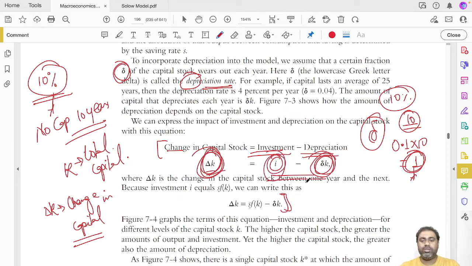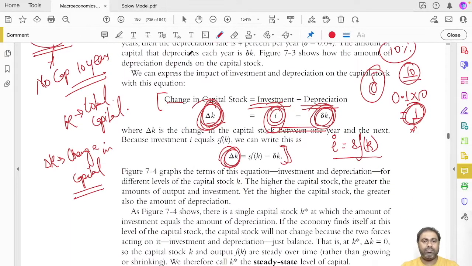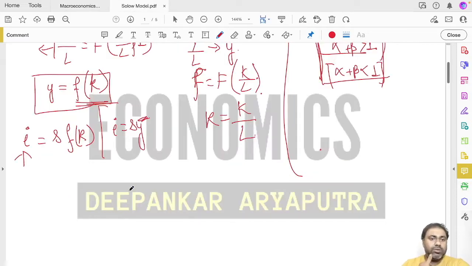We have already seen I is equal to s f(k), and we substitute this. So this is your delta K, and this is your equation 1. Delta is the rate at which the capital depreciates.